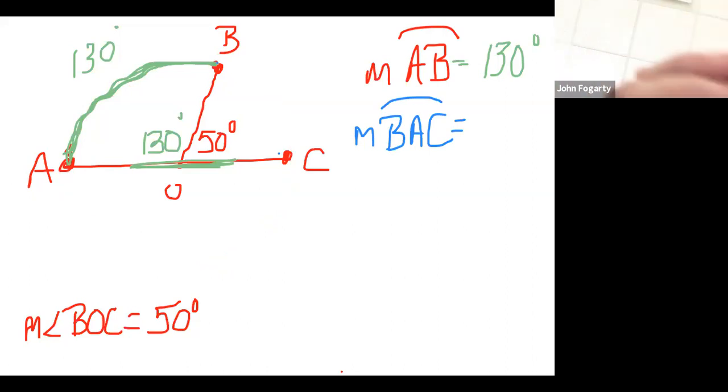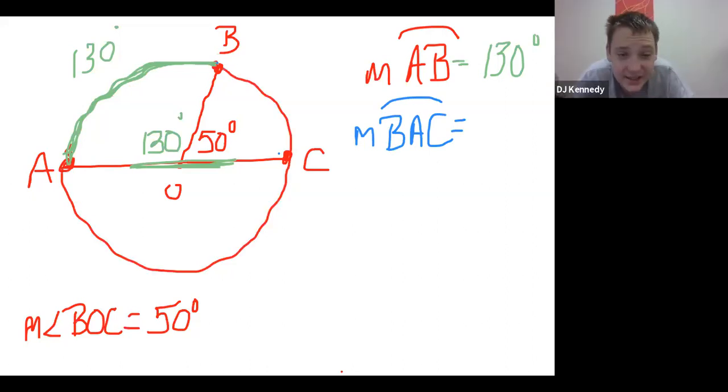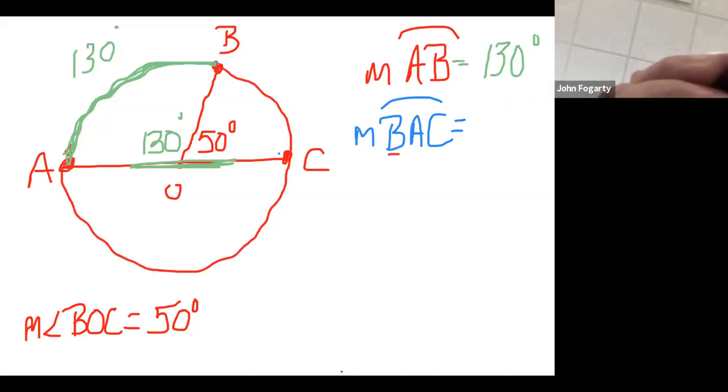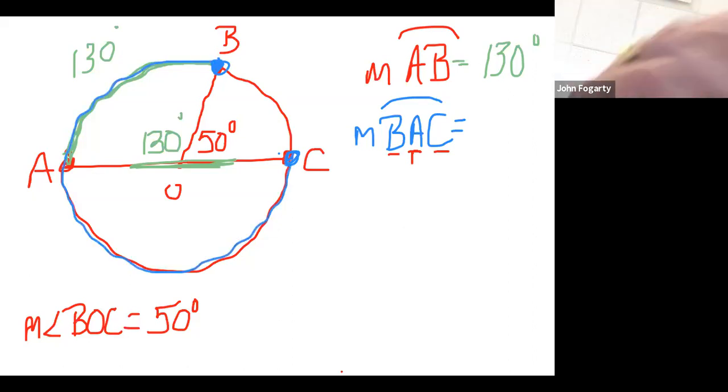What's it say? B to A to C. B to C through A. So I'm going to go from B to C, but I'm not going this way. I'm going through A.